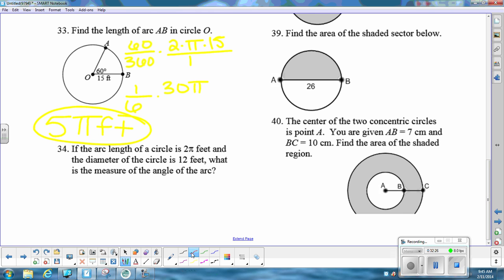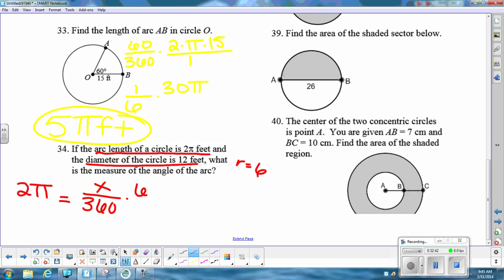34. This time it's one of the backwards ones. Our arc length is 2 pi feet. Our diameter is 12, so our radius would be 6. We're looking for the central angle. So x over 360 times 2 pi times 6.